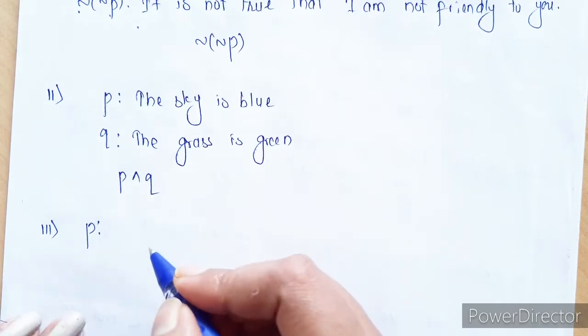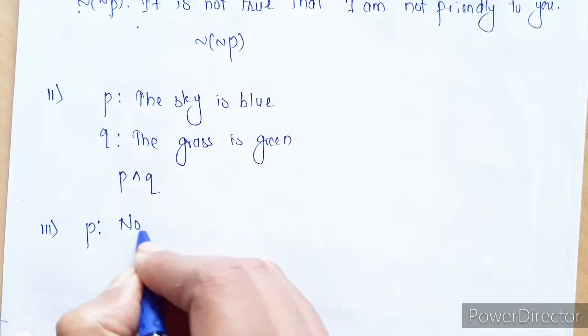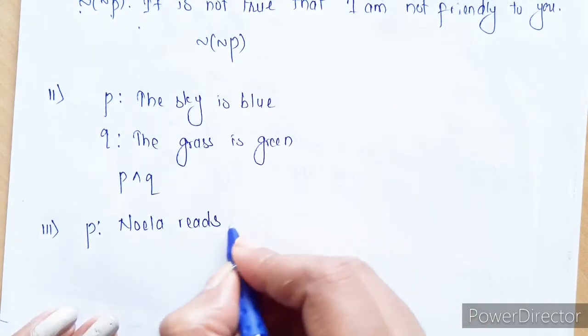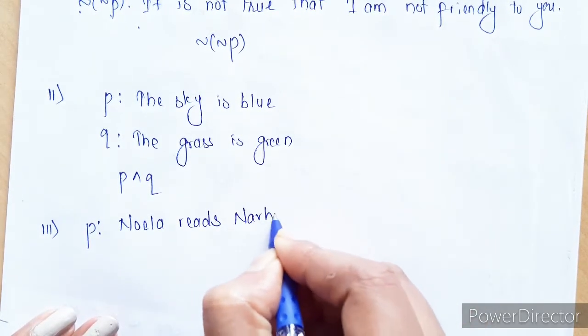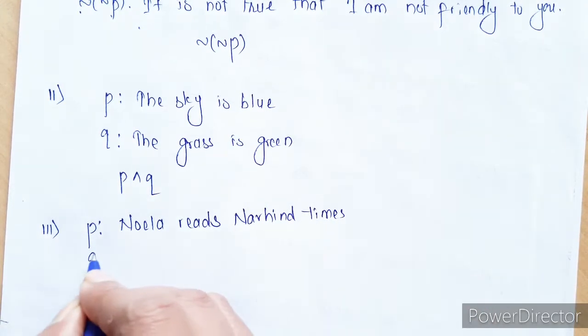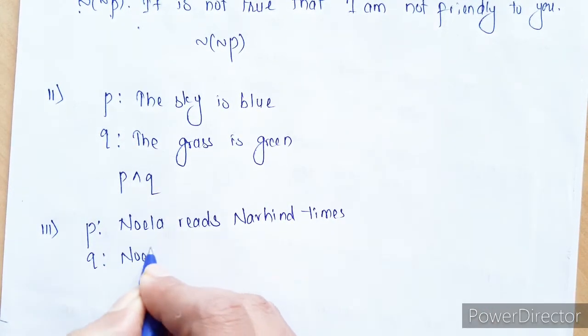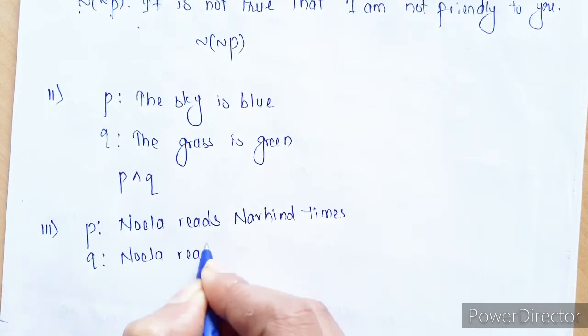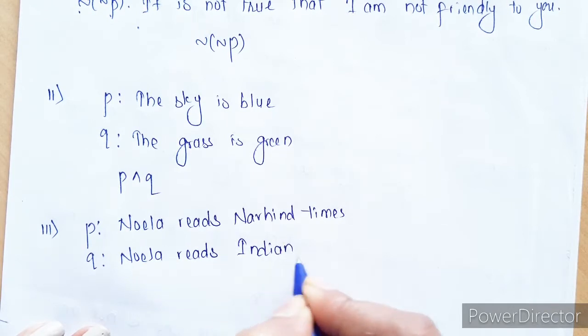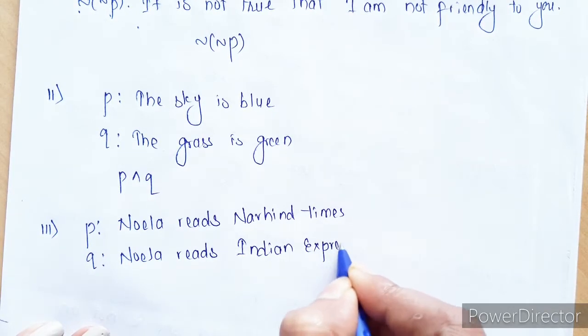Statement P can be written as Noella reads Navhin Times, and statement Q can be written as Noella reads Indian Express.